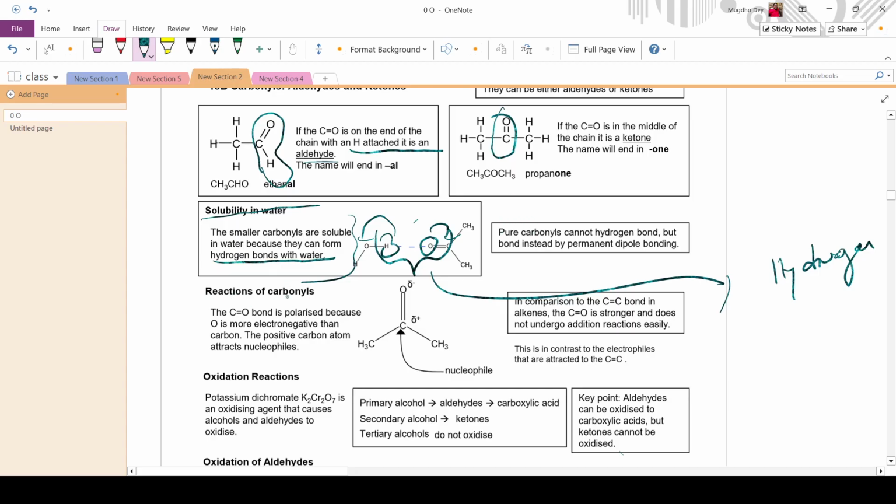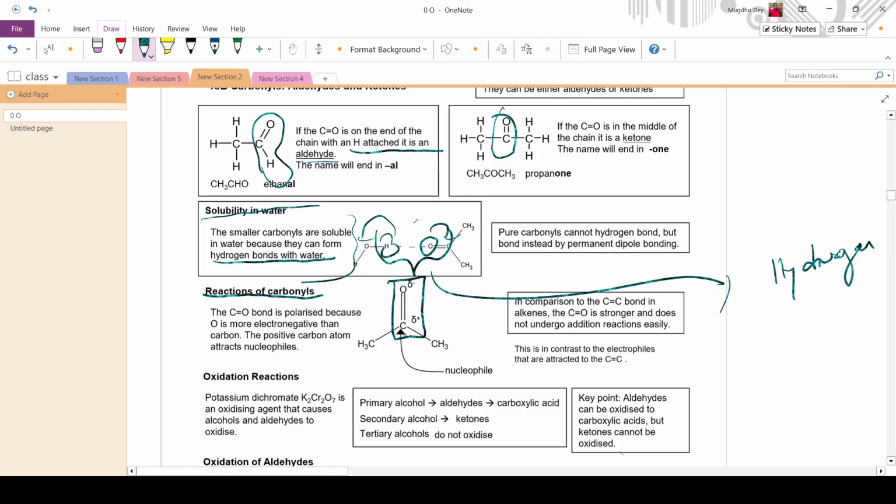Reactions of carbonyls. The carbonyl bond is polarized because oxygen is more electronegative than carbon. The positive carbon atom attracts nucleophiles. First of all, how do we distinguish whether a bond is polar or non-polar? We check the electronegativity difference.